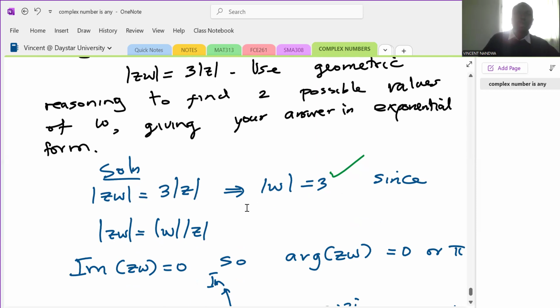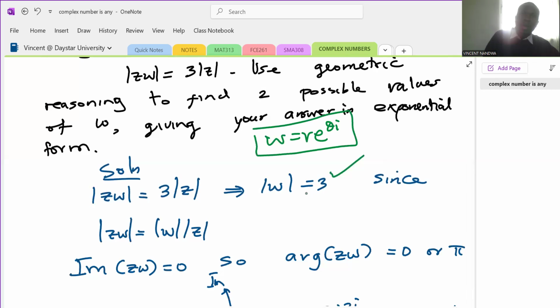You should get that the modulus of W is 3. So modulus of W is 3, doesn't change. So in the expression of the complex number W, which will be of the form r e raised power theta i, r will be 3. So the next part will be now to interpret how to get theta.